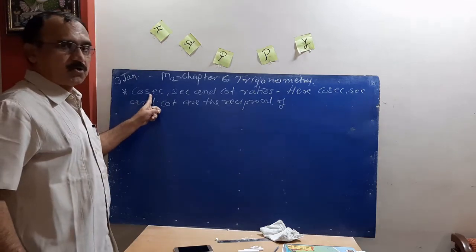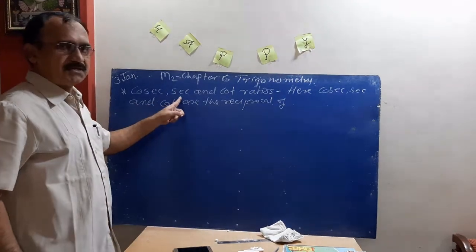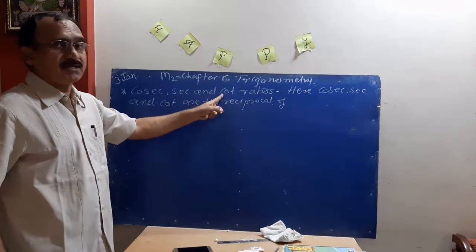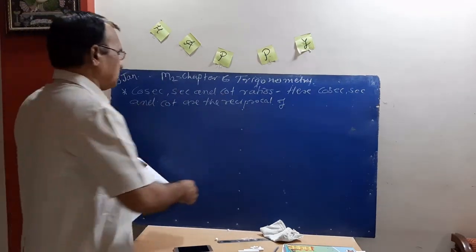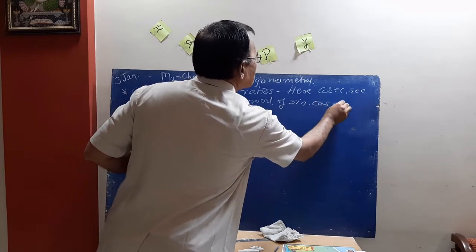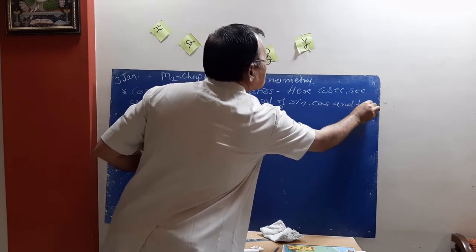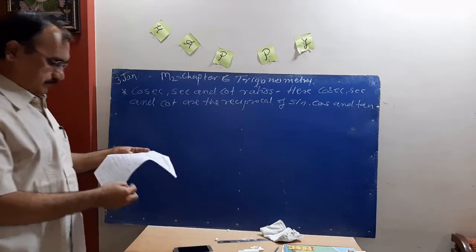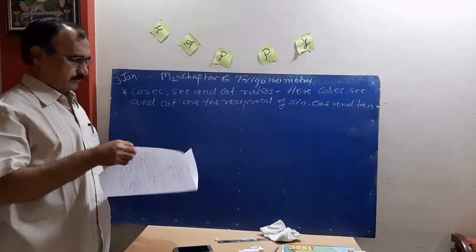Cosec is the reciprocal of sin, sec is the reciprocal of cos, and cot is the reciprocal of tan.